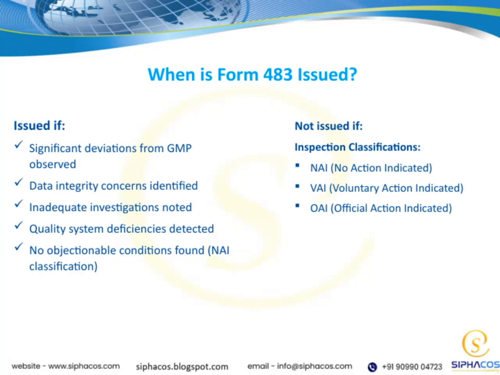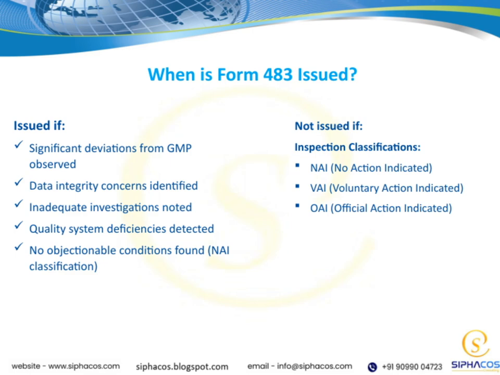When is Form 483 issued? Well, it's important to understand that a Form 483 is not issued in every situation. For example, if the inspection classification is NAI, which stands for No Action Indicated, or VAI, meaning Voluntary Action Indicated, or even OAI, which is Official Action Indicated, a Form 483 might not be issued.